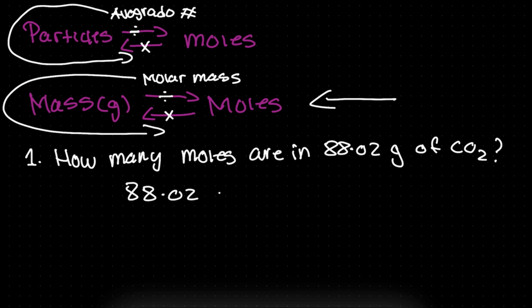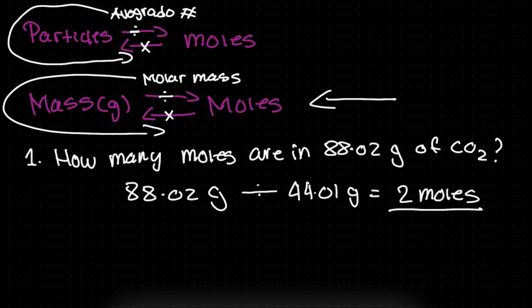Now let's look at our conversion factors. How would we go from mass to moles? We would divide by the molar mass, which we saw earlier of CO2, which hopefully you have written down, is 44.01, which would equal 2 moles. Very simple, right?